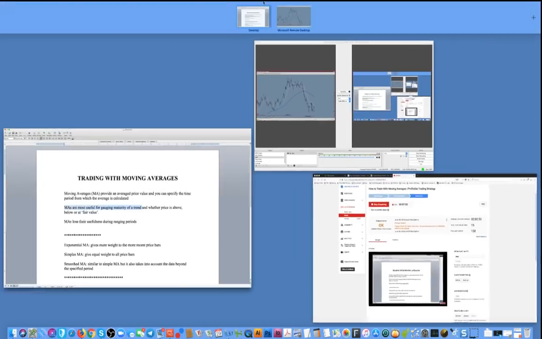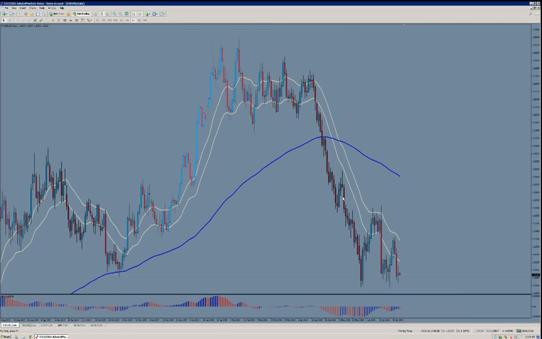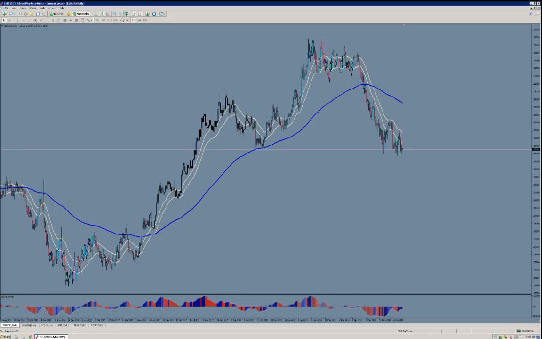Especially when you use a longer term weighted moving average and a shorter term weighted moving average. Why? Well, I'm going to zoom out a bit here. If you think about it, obviously trend means the price is making progress in one direction much more than in the other.